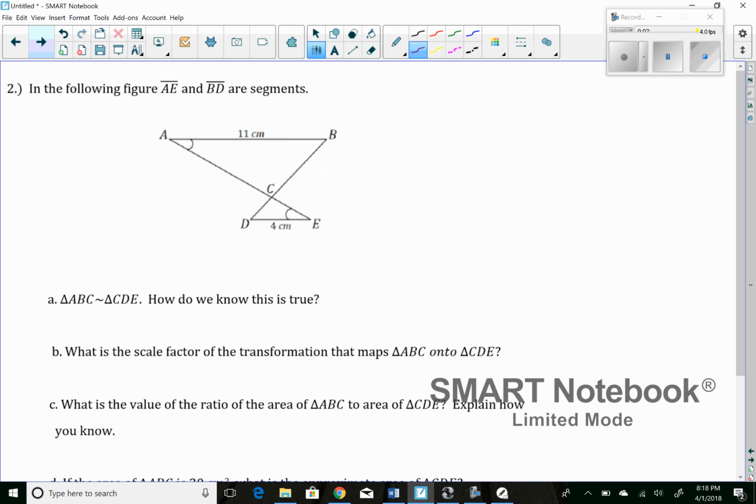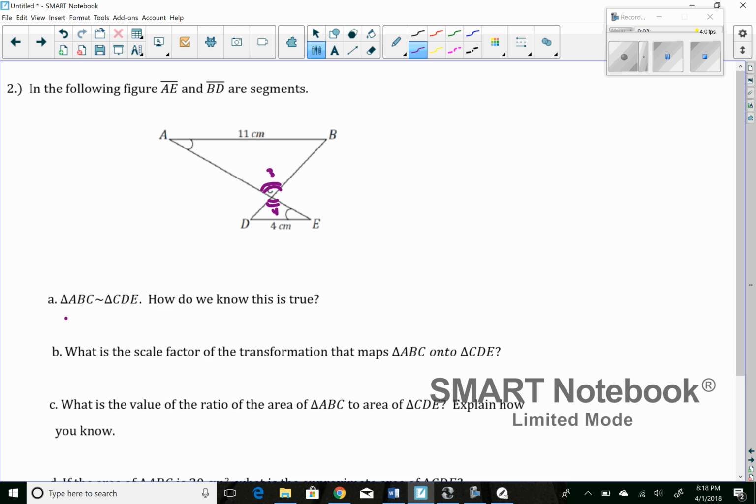So number 2 gives us these two triangles. It has one set of congruent angles, angle A and angle E, and asks us how do we know that they're similar to each other? Well, other than angles A and E, I also have this angle here and this angle here, which I'm going to call angle 3 and angle 4.